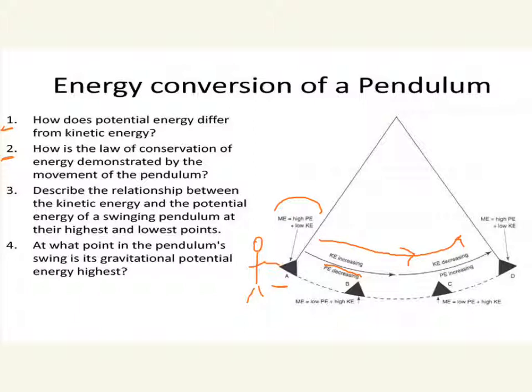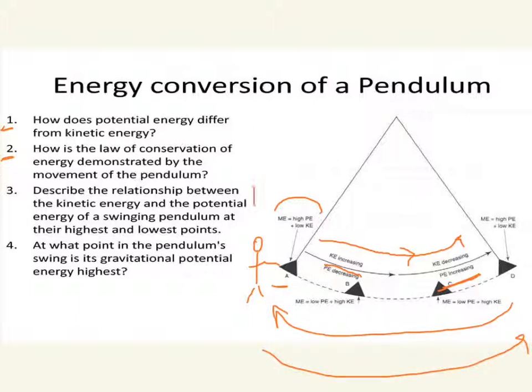And now what's causing our kinetic energy to slow down? Well, this is where gravity comes into play. But our potential energy, we can see right here, is increasing. And then if we get all the way back to the other side, eventually that pendulum is going to stop on the other side, and that's where you have high potential energy again and low kinetic energy. And then it's going to go back along this way and then back along this way.